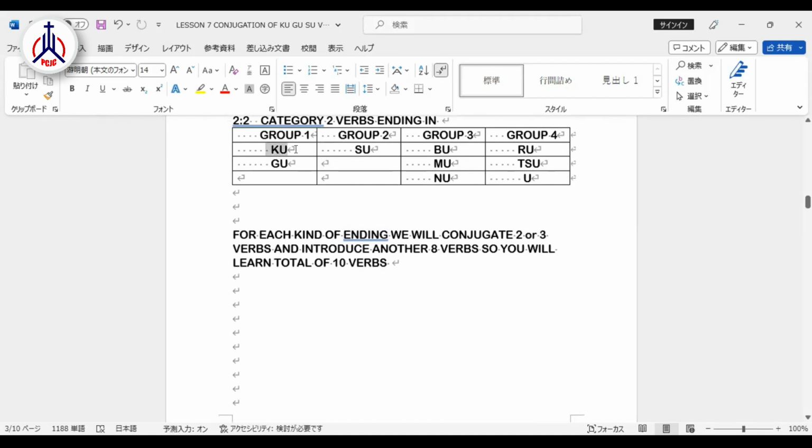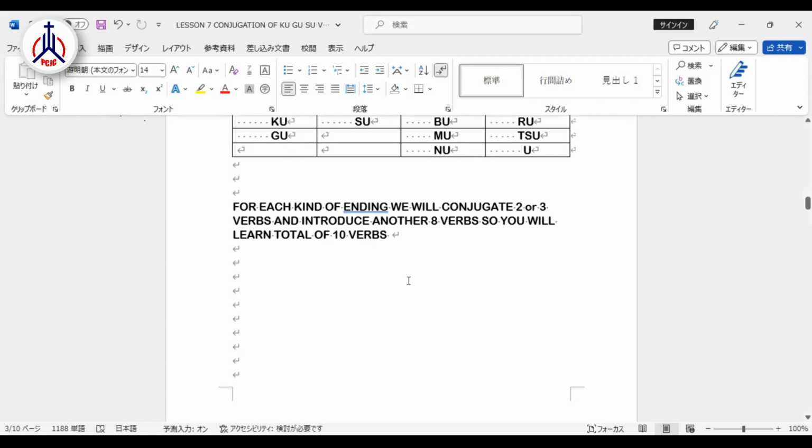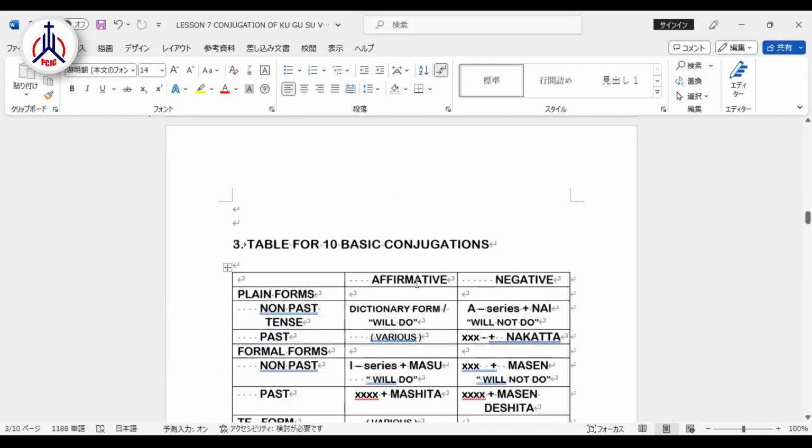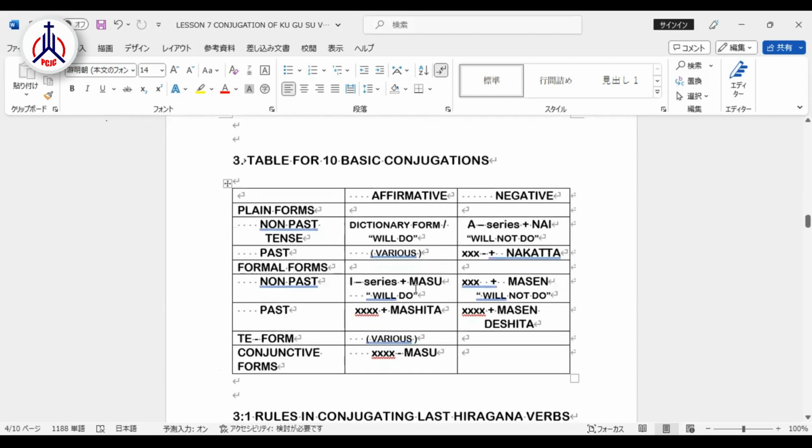So if the ku is 10, the gu is 10, the su is 10, you have 30 new verbs to learn, and then conjugate them times 10, so you have another 300 words today. Wow. Last time you had 300, the ru-dropping verbs. So today you'll have another 300 verbs. For just two meetings, you have 600 verbs that you have learned. Okay, jot this down, please. This is important. Ready your paper and pen.